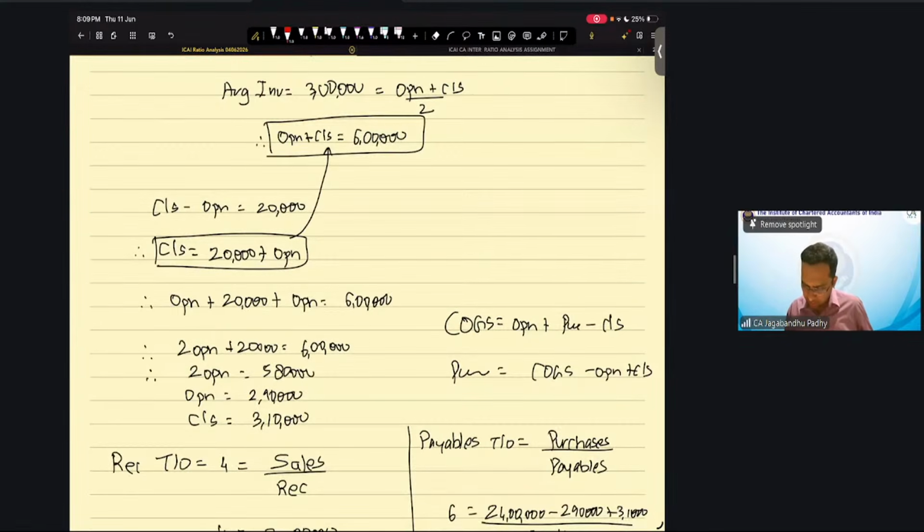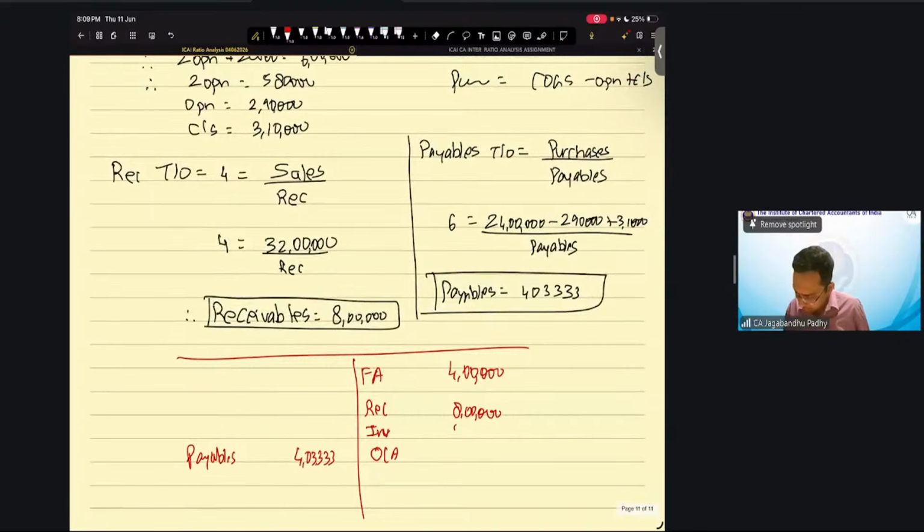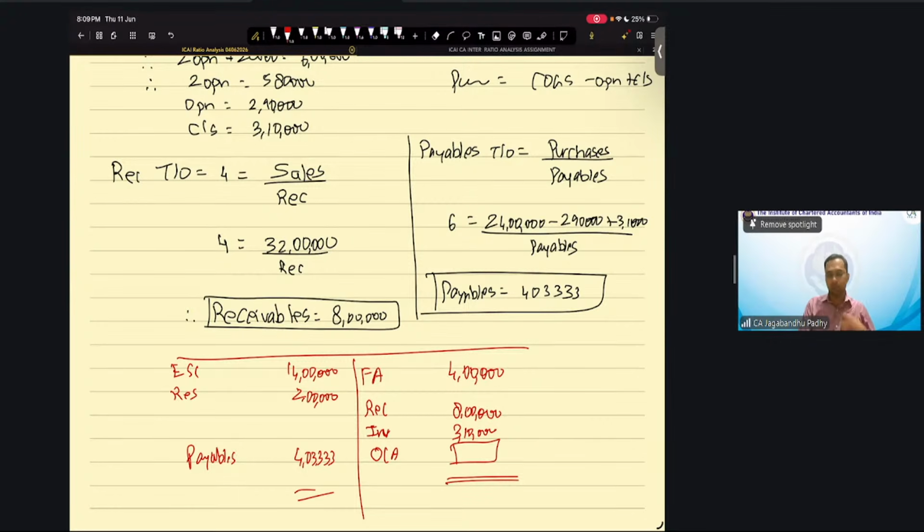Closing inventory is 3,10,000. Equity share capital was 14 lakh and reserves is 2 lakh. So what's the other current assets value? Balancing figure, guys. Other current assets value will be the balancing figure.